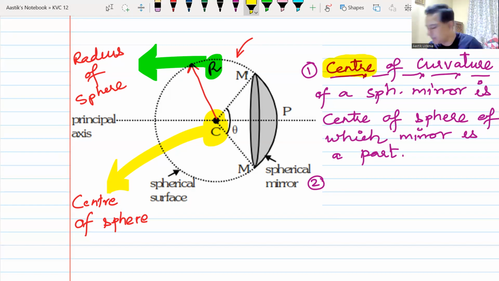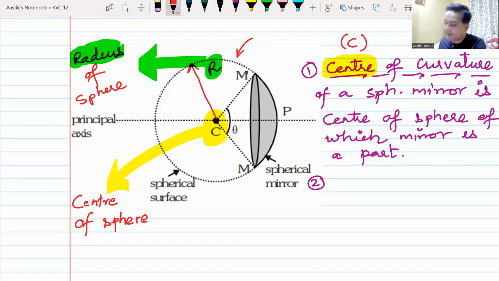And the radius of curvature would be represented by the letter R. So that is what you will also add here. The center of curvature is normally represented by the letter C, and the radius of curvature is normally represented by the letter R. I'll give you a minute to note these things down.